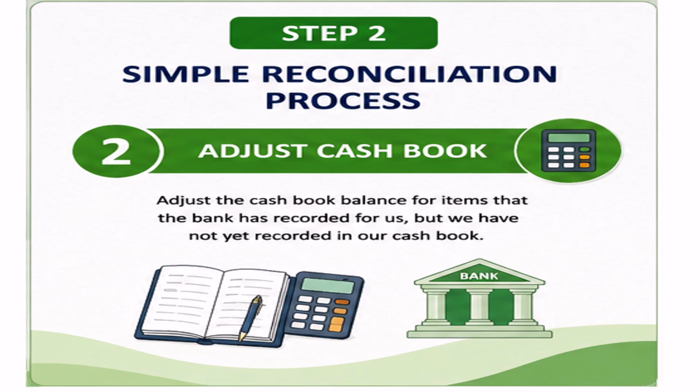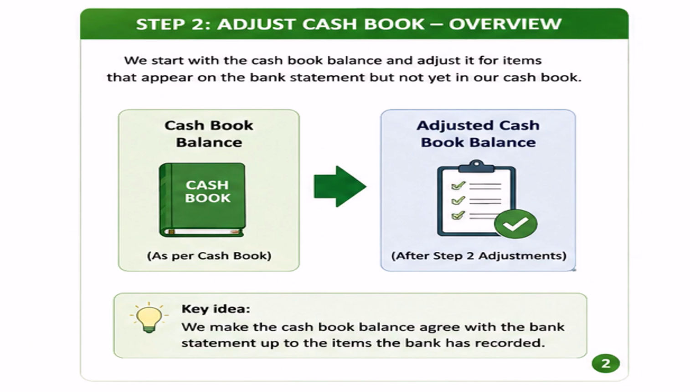So let's start. Remember that what you want to do is compare the cash book with the bank statement. That is what helps you to identify the errors and also record transactions that are not there.